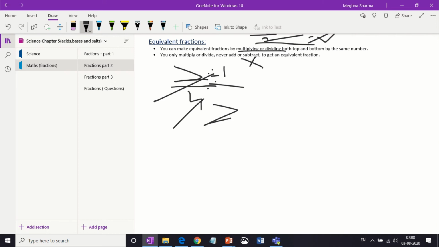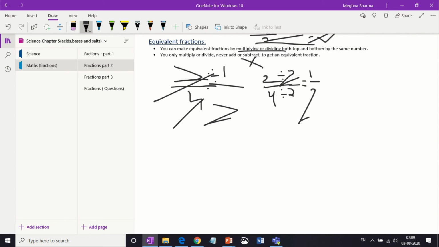Now I got 1 by 2 by dividing it. How did I divide? 2 by 4 divided by 2, and again divided by 2. How much do you get? 1 by 2.